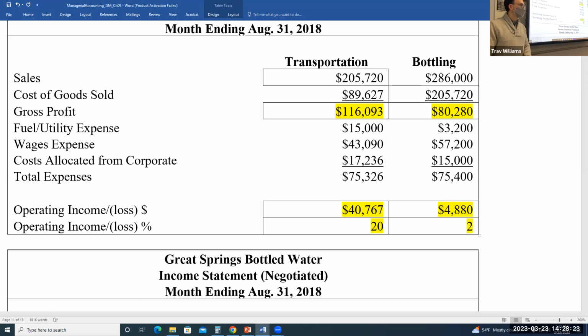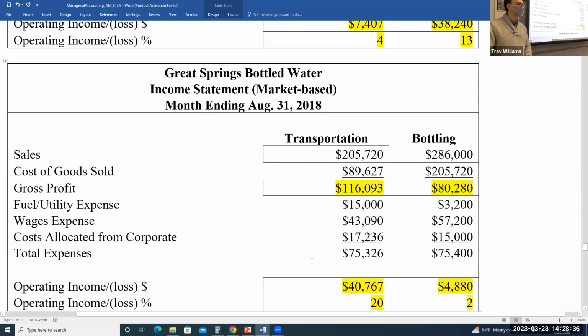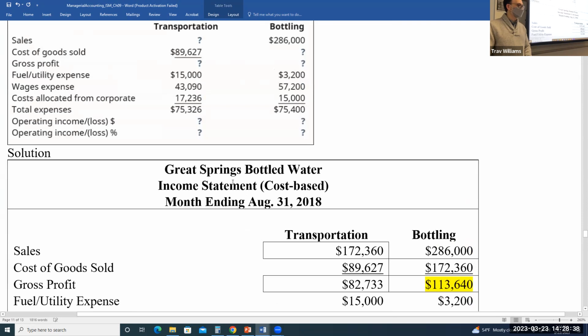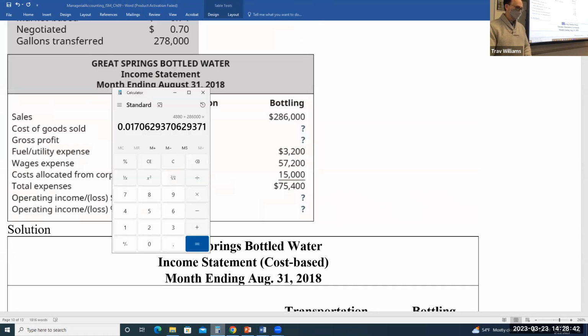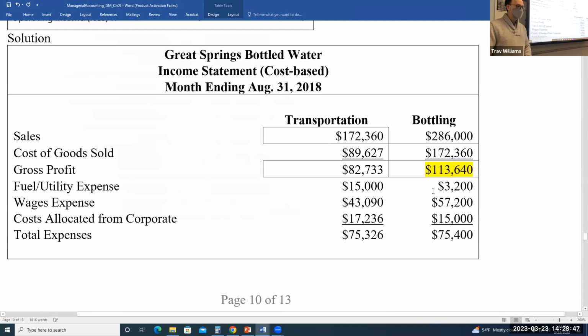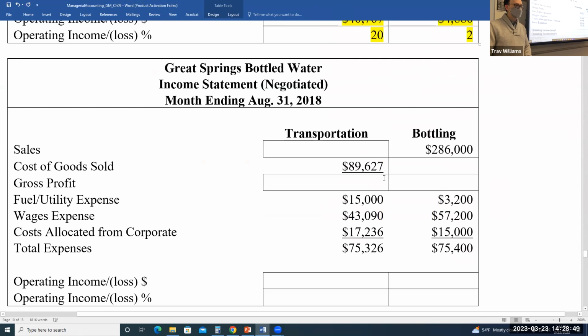Well, in the market-based scenario, transportation's doing great. Bottling, not so great. Then the negotiated price is 70 cents. And again, it's based on 278,000 gallons. So 194,600.